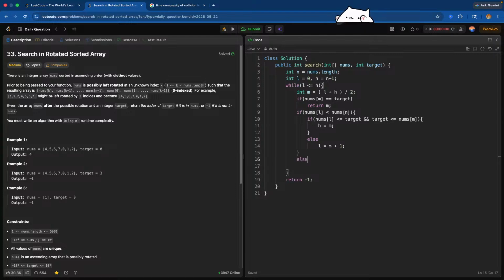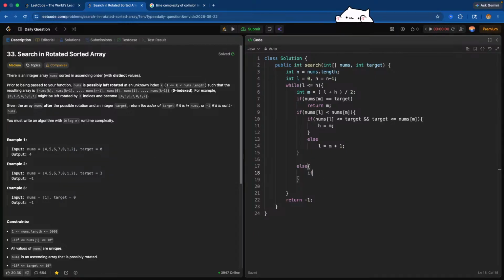Else, this is rotated this side, then obviously our M is less than high.